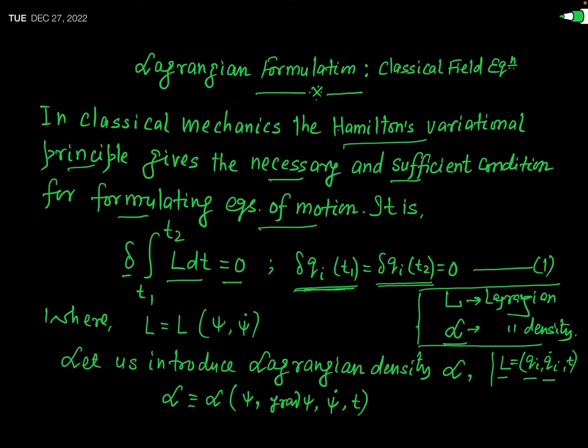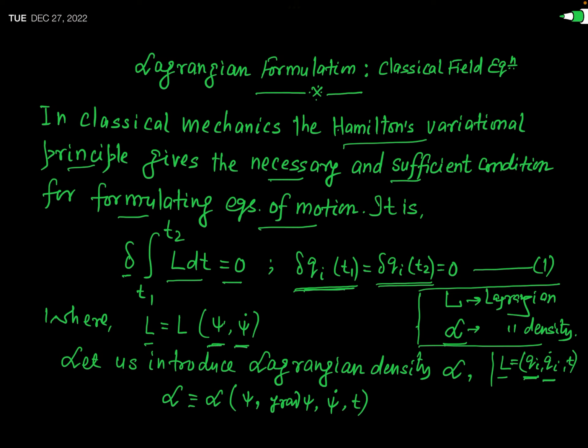In a similar manner, when you are talking about a field, then the Lagrangian L of the field will be a function of the amplitude psi and psi dot. Here, qi dot represents the generalized velocity, and psi dot is just analogous to qi dot. So this is the basic difference: in place of qi, in case of a field, we write psi. So the Lagrangian of our field is a function of psi and psi dot.